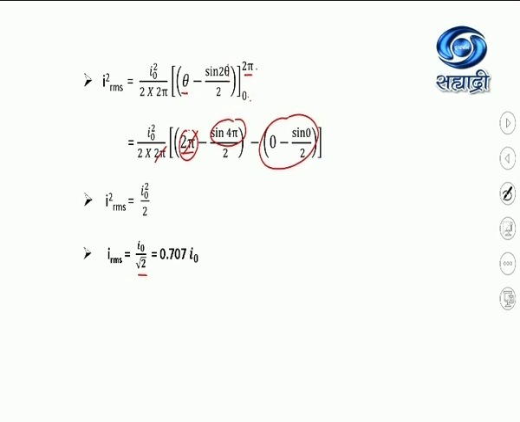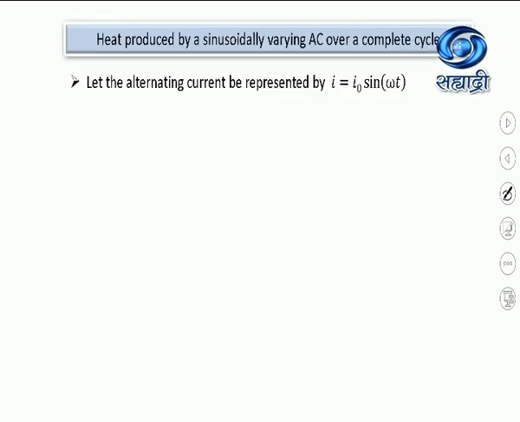Therefore I_RMS equals 0.707 times the peak value of the current. Similarly, the RMS value of alternating EMF is given by E_RMS equals E naught upon root 2, and 1 upon root 2 is 0.707. So E_RMS equals 0.707 times E naught, that is the peak value.